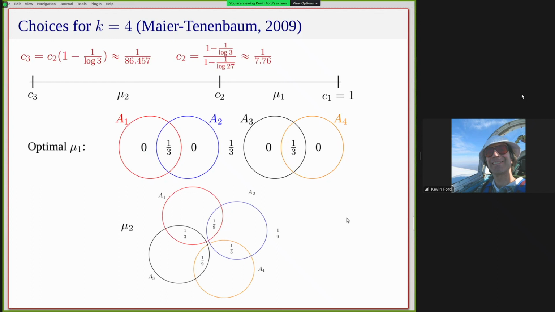Another takeaway from this is that there's no way to modify this argument, the way it's set up here, to obtain just 3 close divisors in a short interval without doing 4. So this was optimized for powers of 2. You can do the same thing for 8 and 16 and so on.